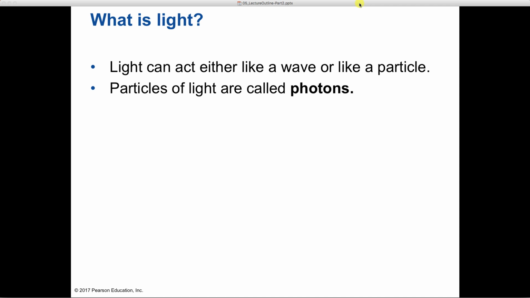But if you think about light as interacting with matter, when it gets absorbed or emitted, it's better to think about light as a photon, a particle of light, a particle of energy. Both ways are necessary to describe fully how light interacts and how light behaves. So particles as well as waves. It seems kind of strange, but it's true. So we'll talk about the differences.